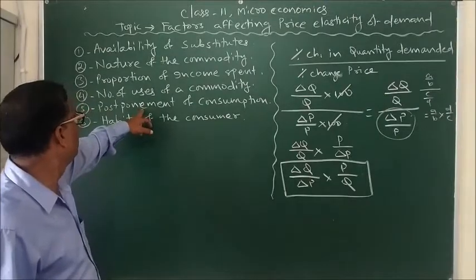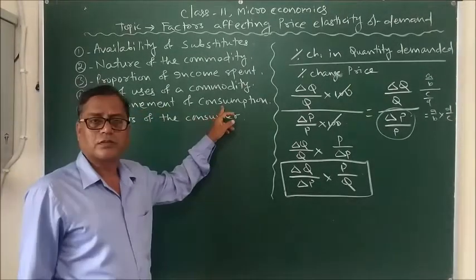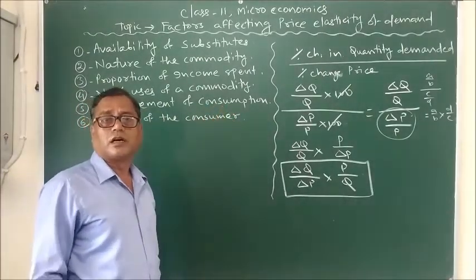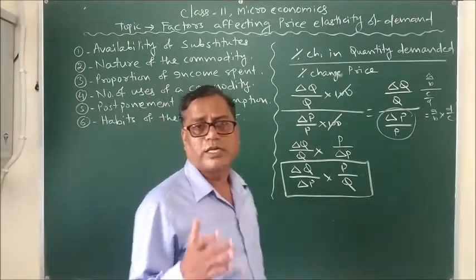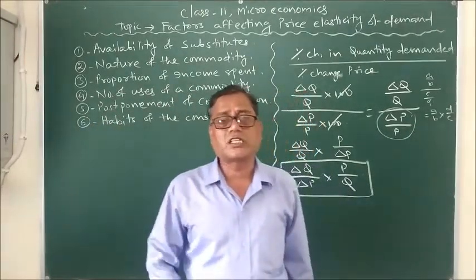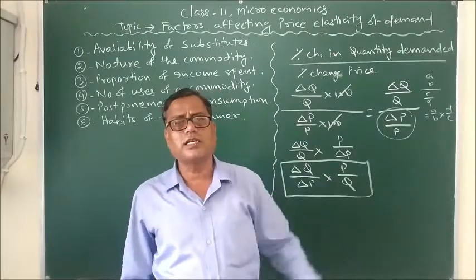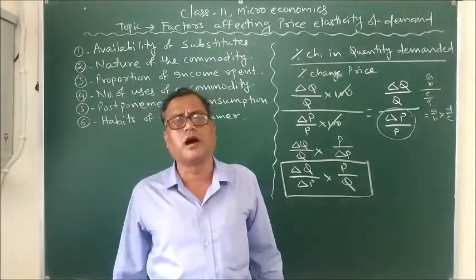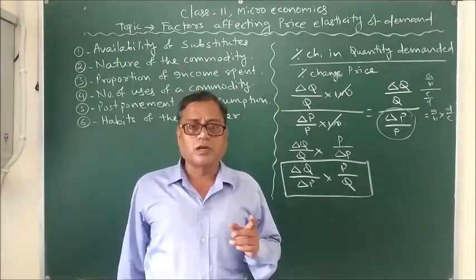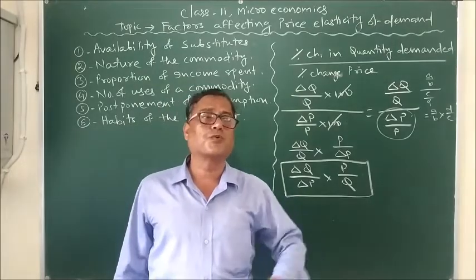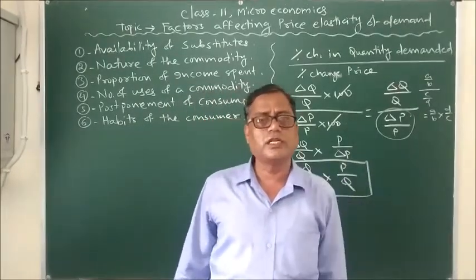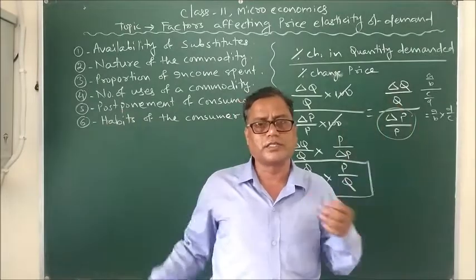Coming to the fifth point, postponement of consumption. That is, whether the good that we are considering, its consumption can be postponed or it is quite necessary to consume right now. If the consumption of the good can be postponed, then obviously it would have a higher degree of elasticity of demand.